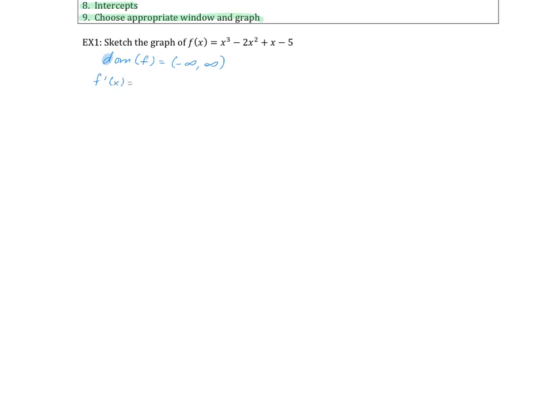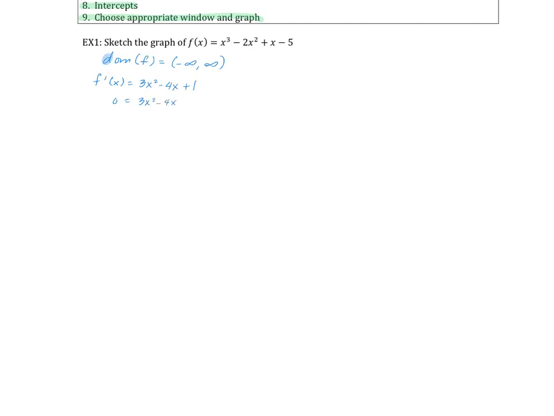The first derivative is going to be 3x squared minus 4x plus 1. Let's go ahead and find critical points. I'm going to set my derivative equal to 0.